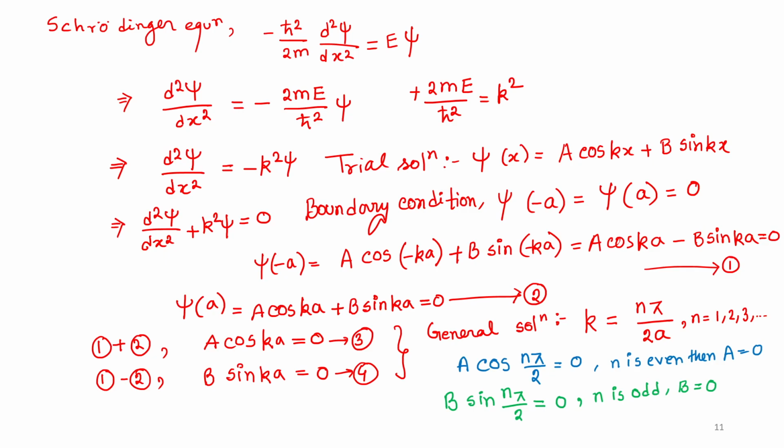So we get two things: when n is even, then A is going to be 0, and when n is odd, B is going to be 0. Let us write this with another color. When n is even, then A is 0, right? Then what does my psi become?